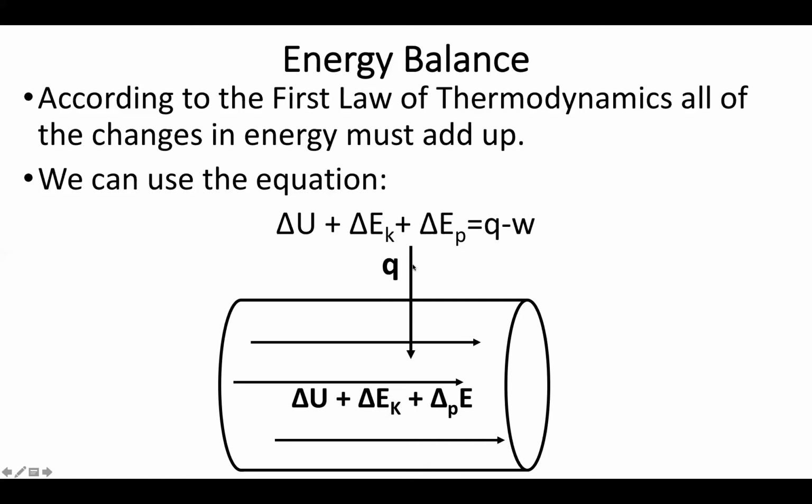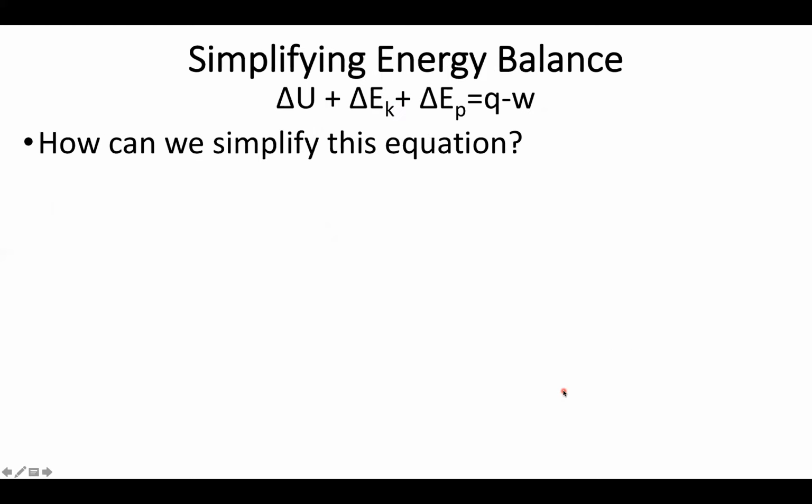A very typical method is going to be as heat, but it may also end up entering as work. So using this, we have our general equation for energy balance, also known as pretty much an equation of the first law of thermodynamics for all our various components.